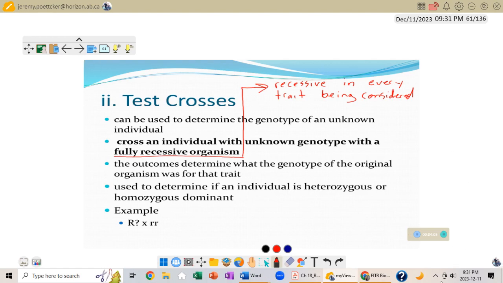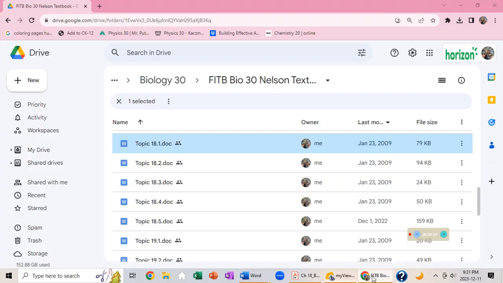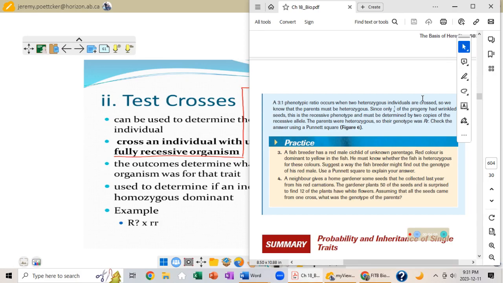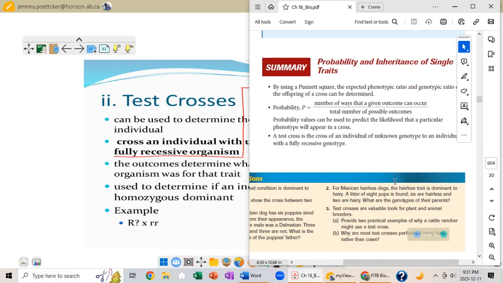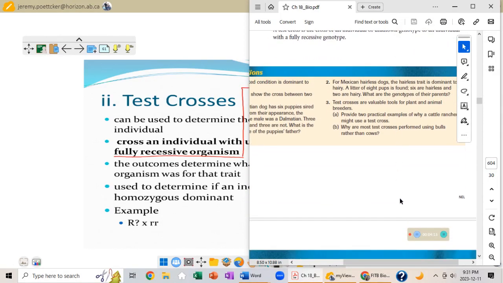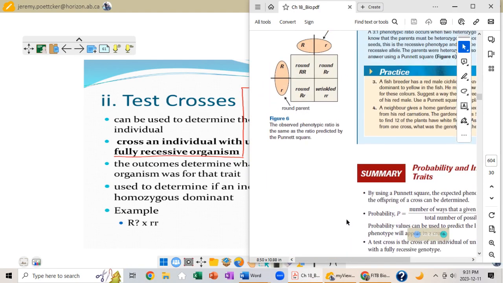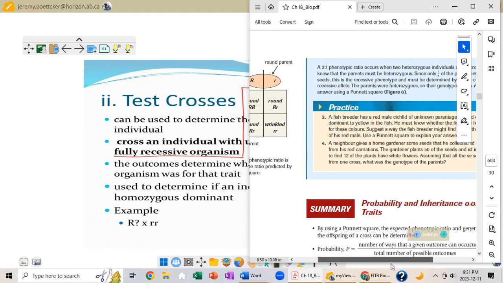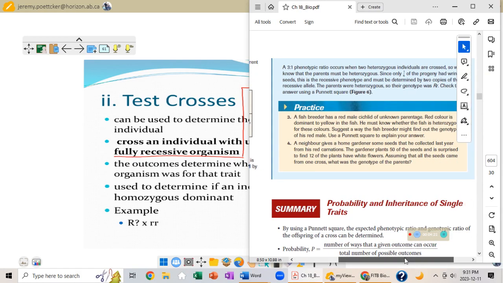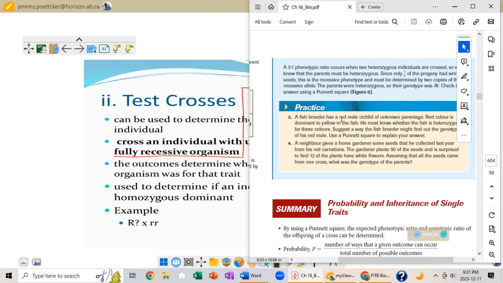And if you're looking in your textbook, page 604, questions 3 and 4 were some of the questions you had in your notes. And this is a fish breeder with these red male cichlids. Red is dominant to yellow. He must know whether the fish is heterozygous for these colors.